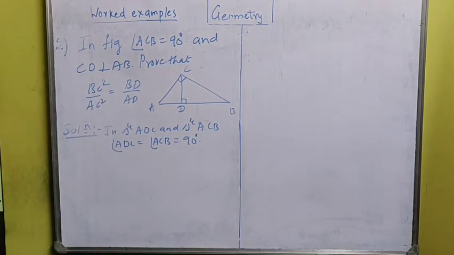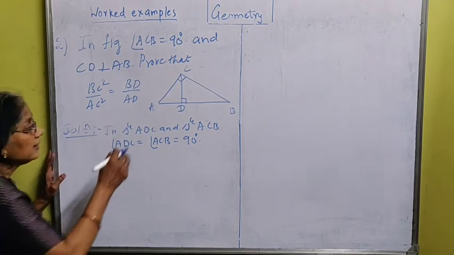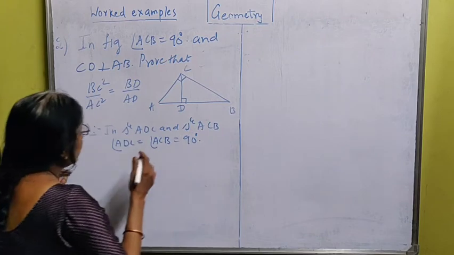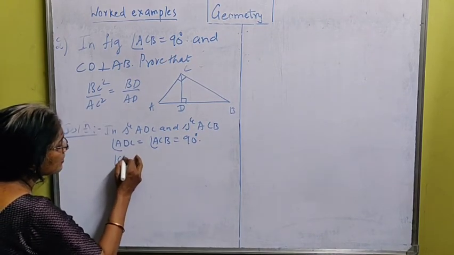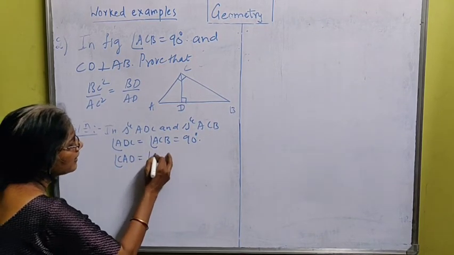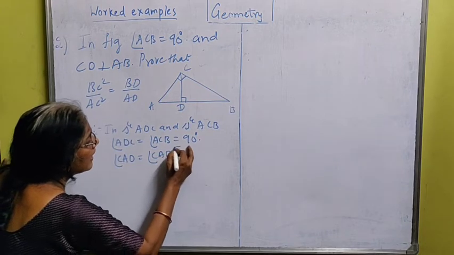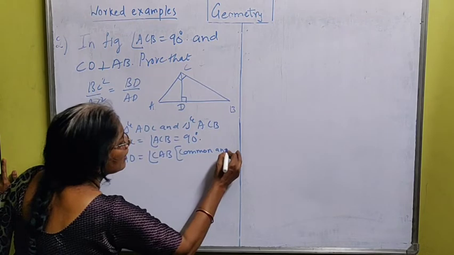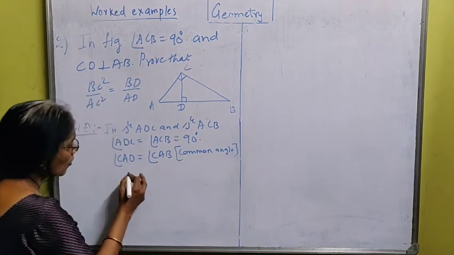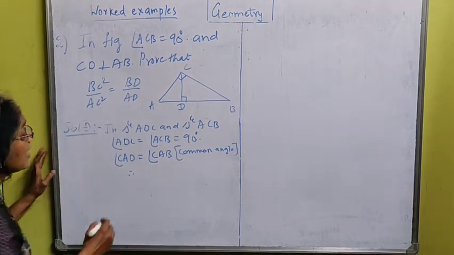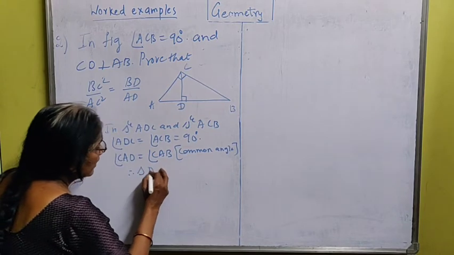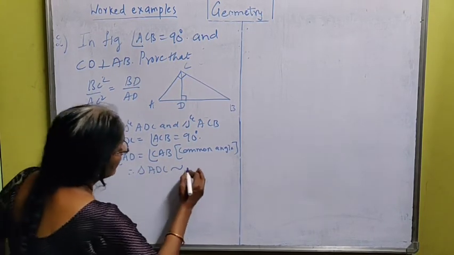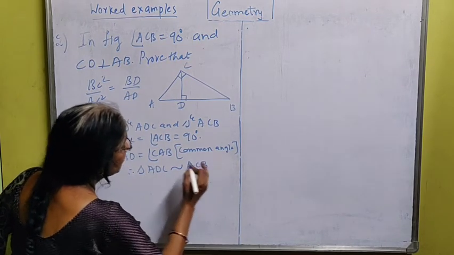Then CAD and CAB, they are the common angles. So angle CAD is equal to angle CAB because it is a common angle. Therefore, according to angle similarity, triangle ADC is similar to triangle ACB.